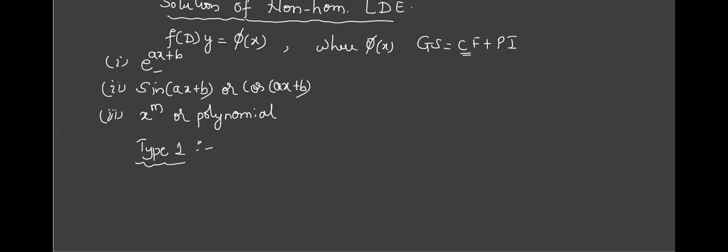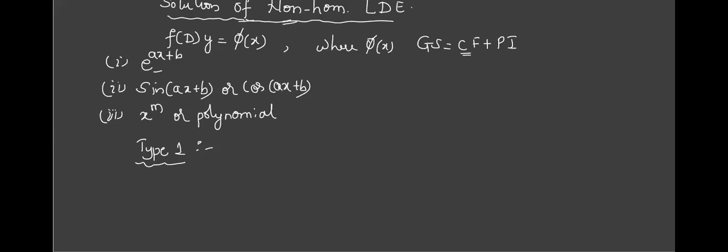CF depends on which equation we write: the auxiliary equation. And how to write the auxiliary equation? In f of D, replace D by m and equate it to 0. Correct? Depending on the nature, we will not write directly as GS, we'll write that quantity as CF in case of non-homogeneous.